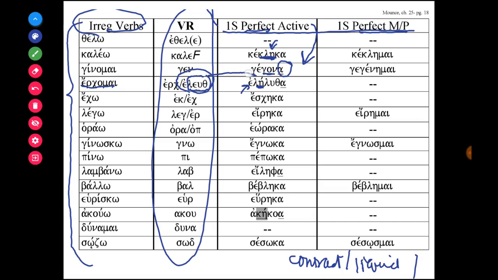This part gets reduplicated. And so elelutha is I have come, I have gone.